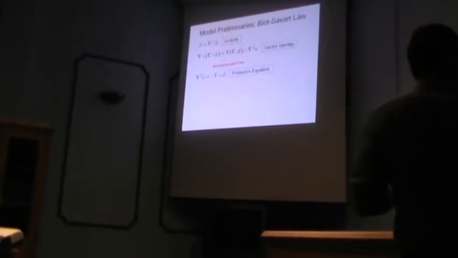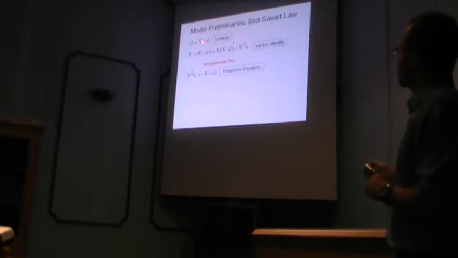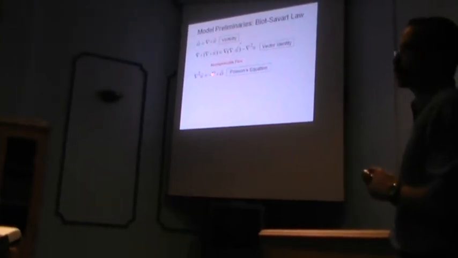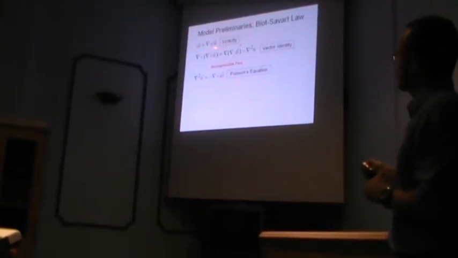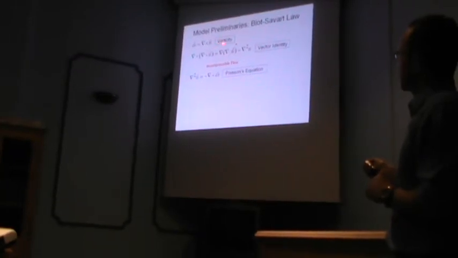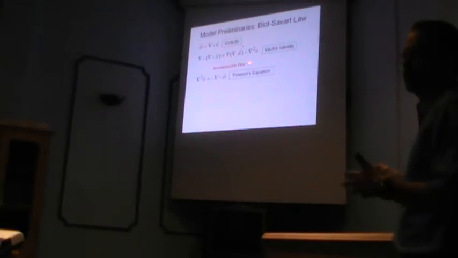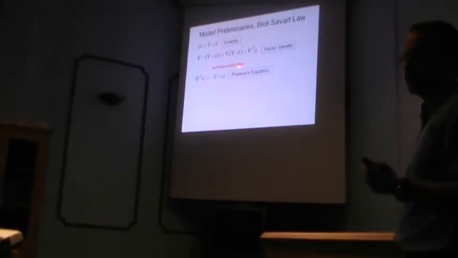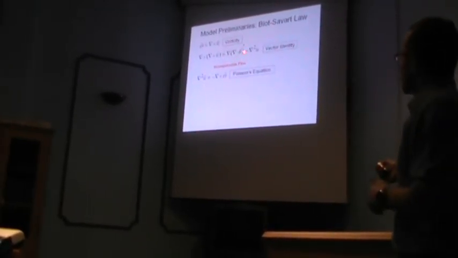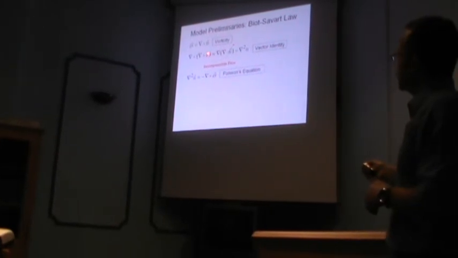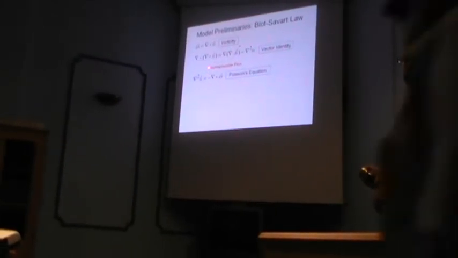Now, the Biot-Savart law is something that's actually quite straightforward to derive. If you start with this equation for the vorticity, and then you use with it this vector identity, which you can apply for any vector, then in this case, we apply it for vector u.